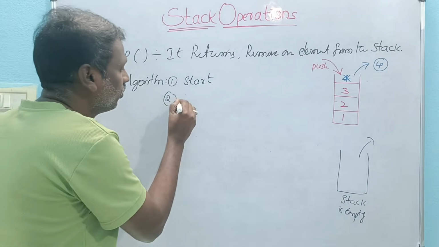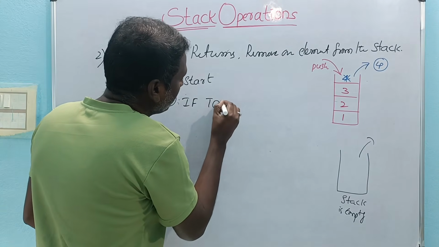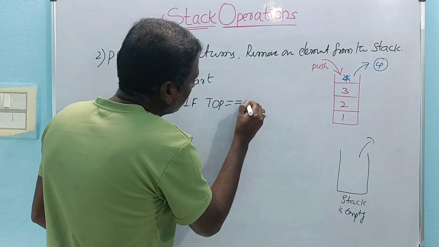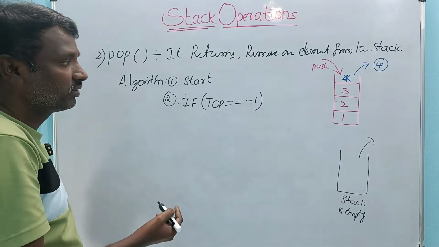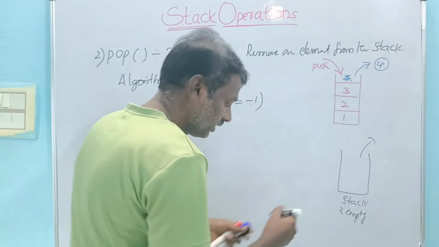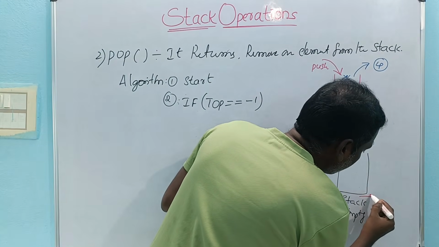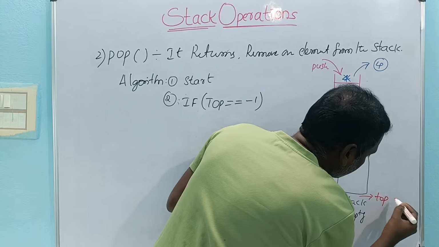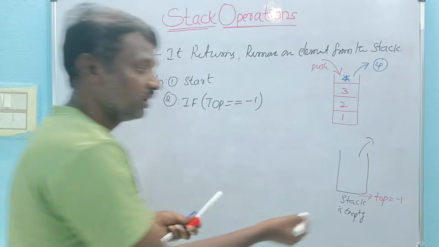So that's why step 2: if top equal to -1. If top equal to -1, then what happens? Here, top equal to max -1 means full, but here top equal to -1, because the stack is empty.